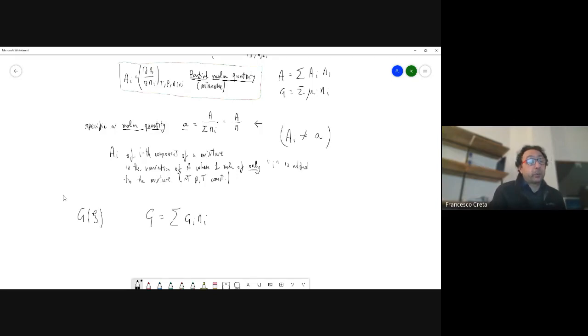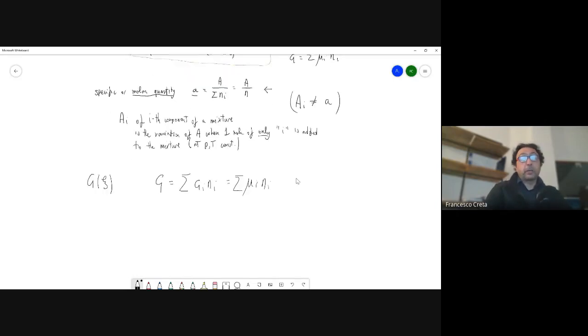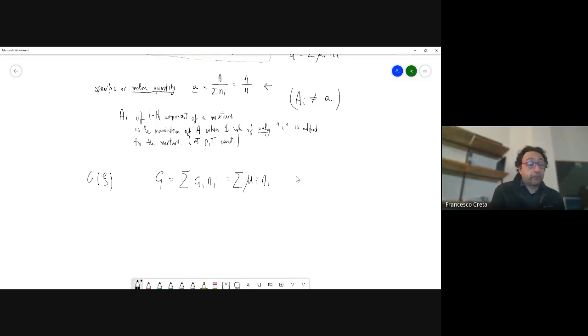This is the partial molar Gibbs energy, which we define as the chemical potential, mu_i. So today we're trying to find an expression for this mu, for the partial molar Gibbs energy.